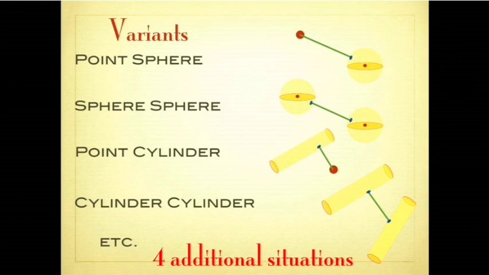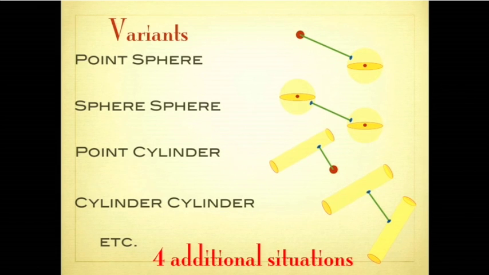Be aware, you have seen in practice exams that sometimes we modify this a little bit. For example, if you want the distance between a sphere and a line, or a sphere and a cylinder. It's always the same thing.